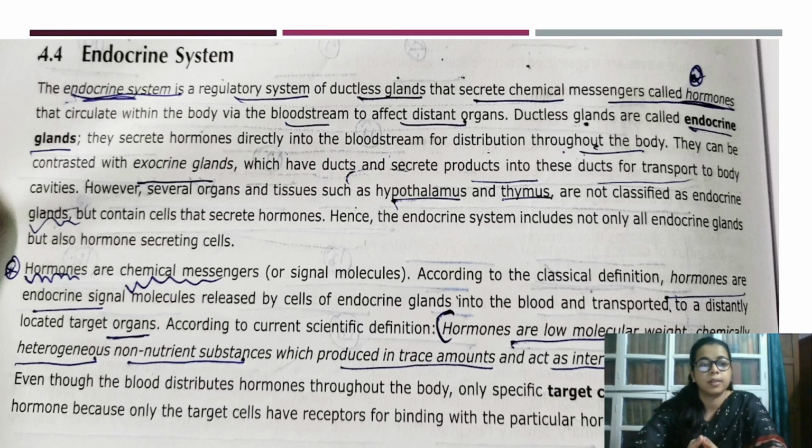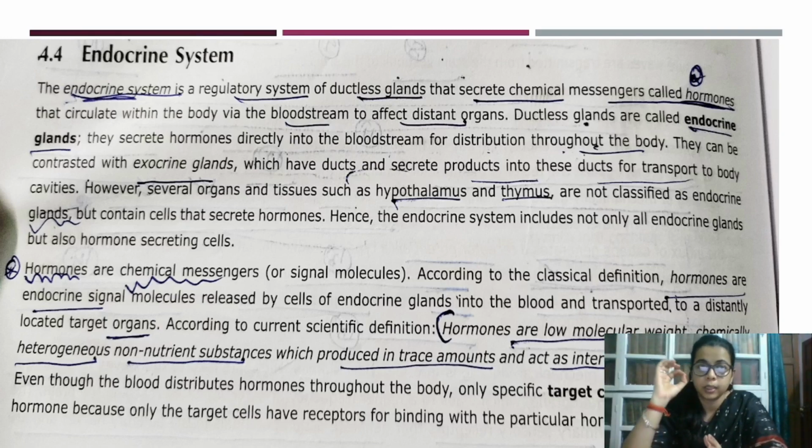Now let's understand what hormones are. Hormones are nothing but chemical messengers. They are signal molecules, part of the endocrine system, which are transported to the target organ.